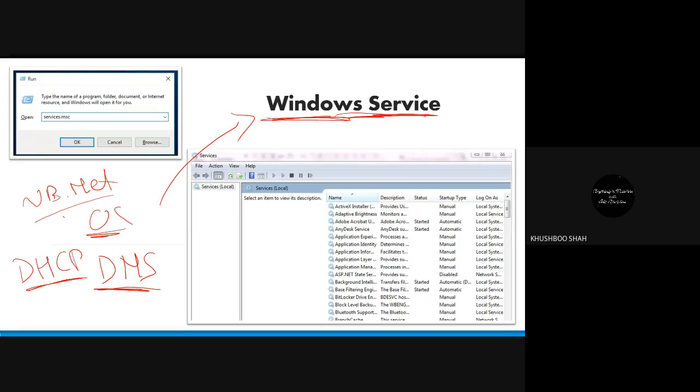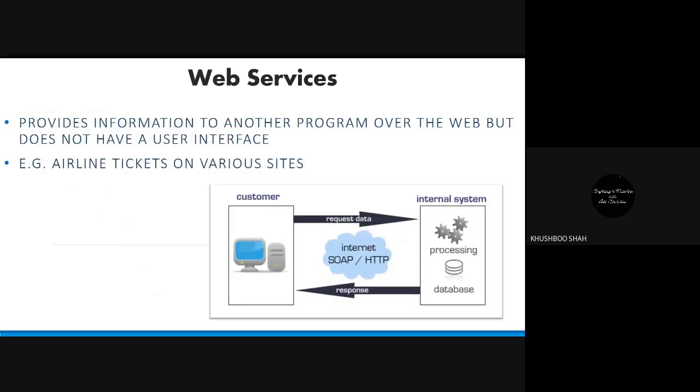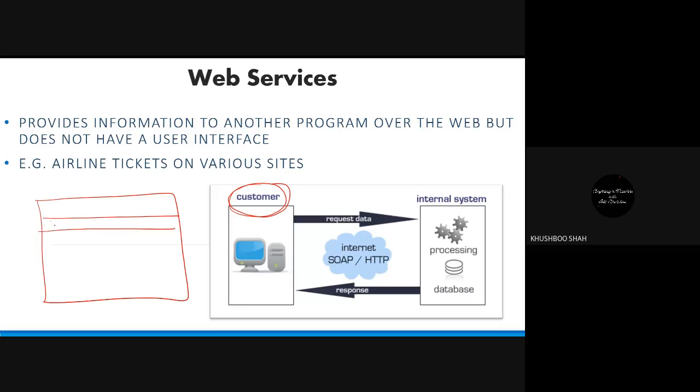So Windows services, then we have web services. Again, the same thing: you are a customer, and when you enter the URL and hit the enter button, ultimately you are trying to access that particular service from the server, right? This is your browser, and here you type www, let's say Netflix, for example.